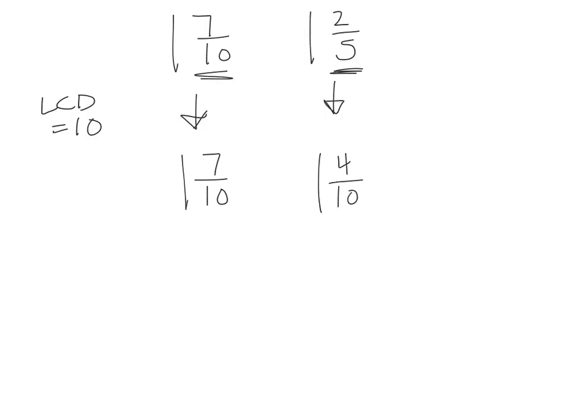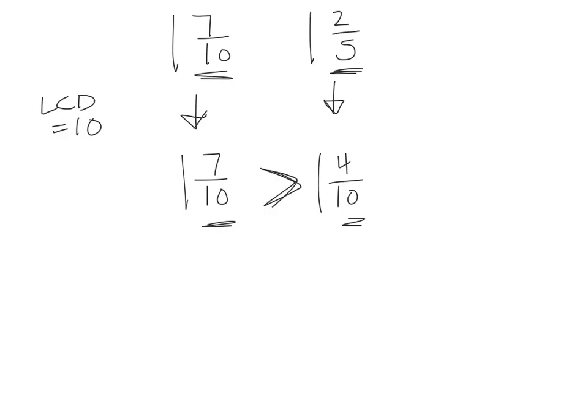And I keep the whole number with my new equivalent fraction. So now I can compare 1 and 7/10 to 1 and 4/10. And since the whole numbers are the same, I look at the fractions, and I know 7/10 is still larger than 4/10, so it would get the greater than sign.